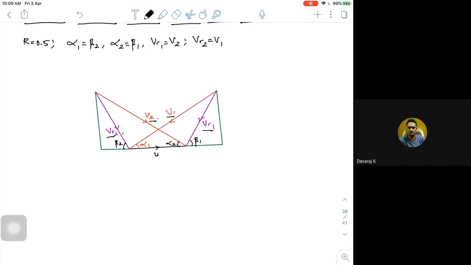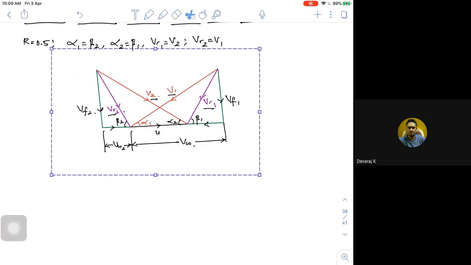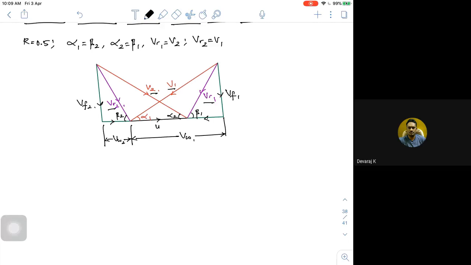So if I put the corresponding velocities, this will be my VW1 and this will be VW2, and this is my VF1 and this is my VF2. So I've written a combined velocity triangle for an axial flow machine.